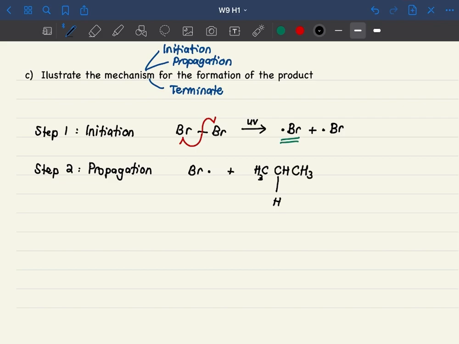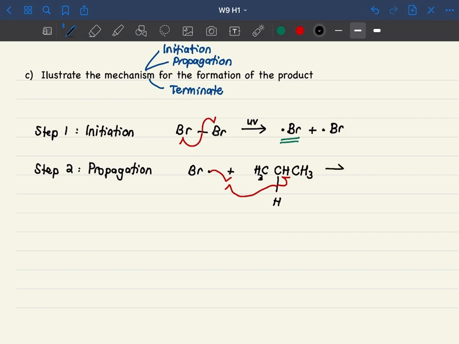Basically, this single bond between C and H, because they are non-polar, is going to break symmetrically. One unpaired electron will go to the C and another one will go to the H. But instead of going to H, we are going to give it here because we want to combine it with the Br radical. So they are going to immediately form a product.